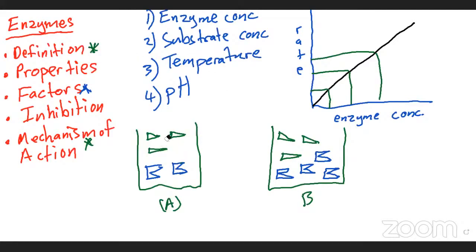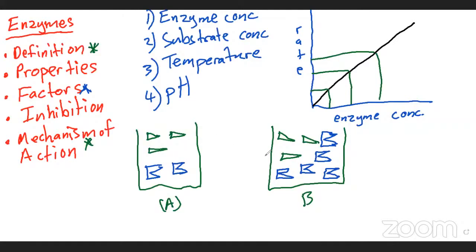So if you have 3 substrates and 2 enzymes, and in this one, you have 3 substrates. Let me put the next enzyme. In which of these 2 containers, A or B, which one do you think more collisions will take place in?